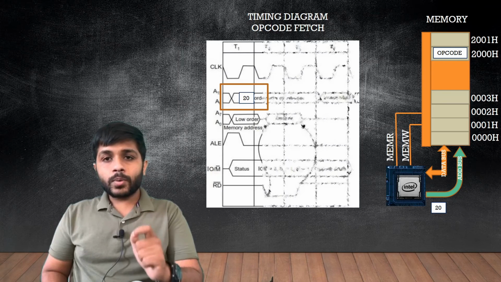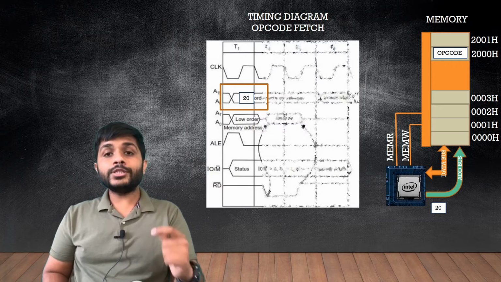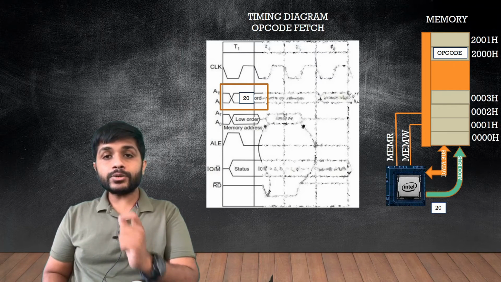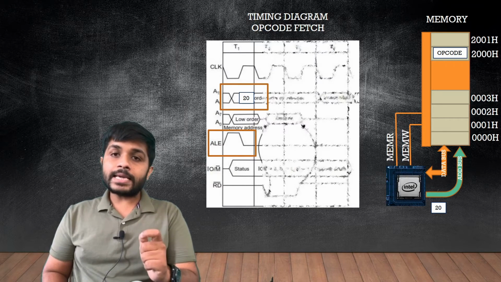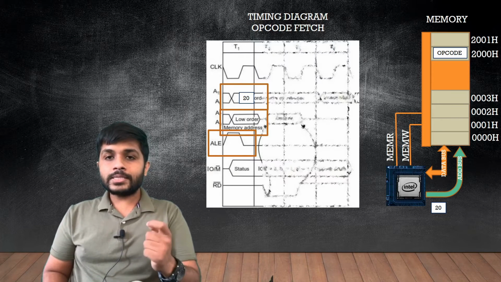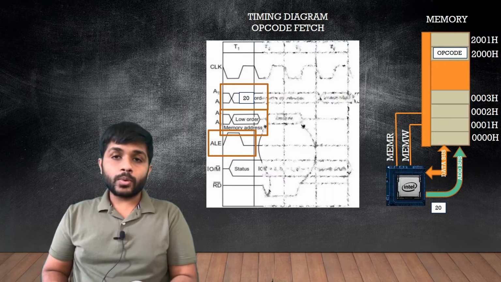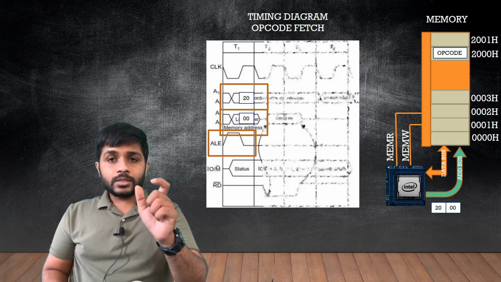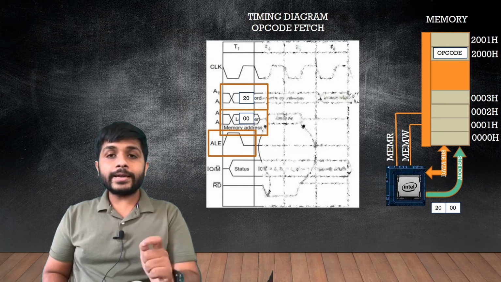To put the lower order value, the processor first has to convert AD0 to AD7 into A0 to A7, using the ALE signal. When ALE is high, the lower order bus is considered an address bus. Then the microprocessor puts the lower value of the address, that is 00. So in the T1 state, the processor has put the address 2000 on the address bus.